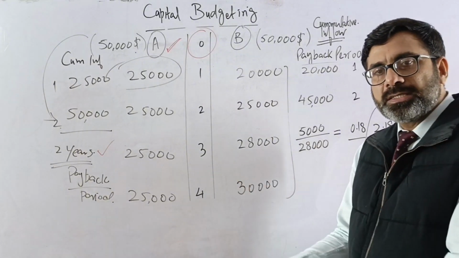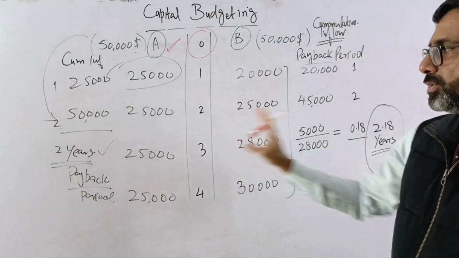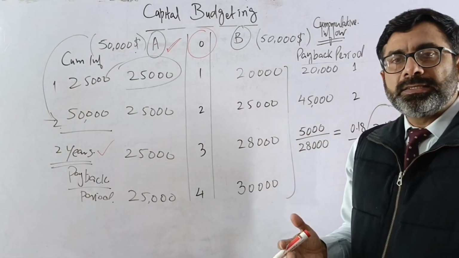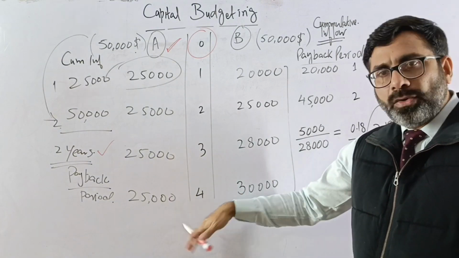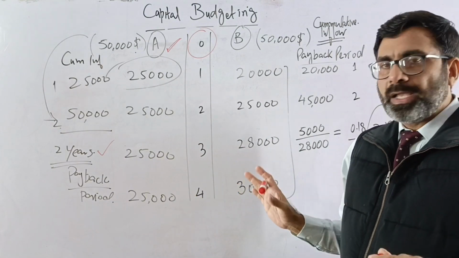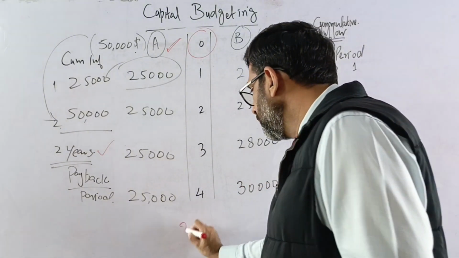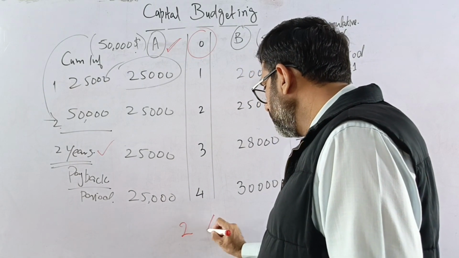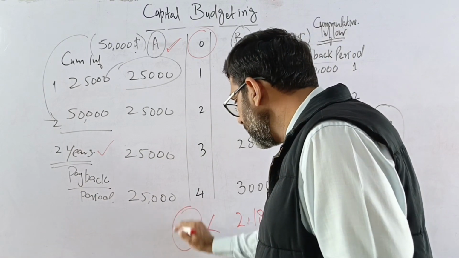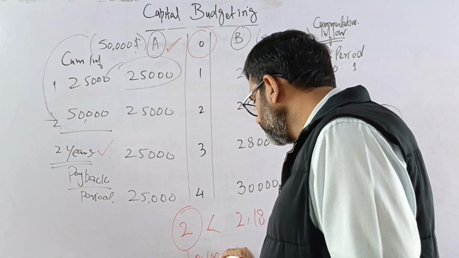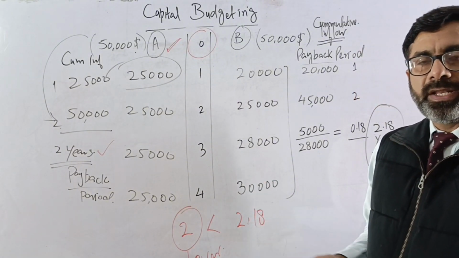The investment is coming back to them in less time. So the lower time period is better, because within 2 years they're getting the original amount back. This is called the payback period. Whatever is lower is best for the company because in the lesser time period they are receiving their money back.